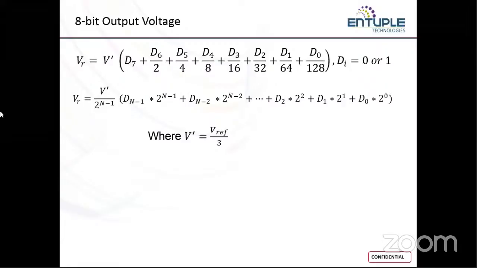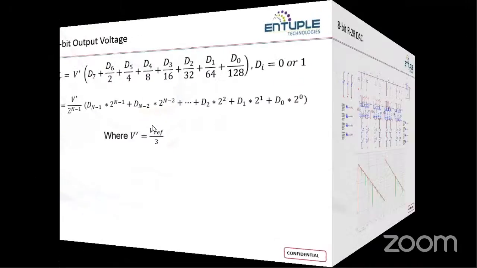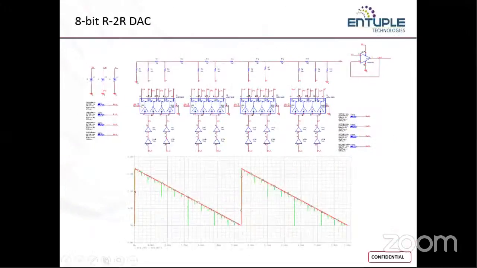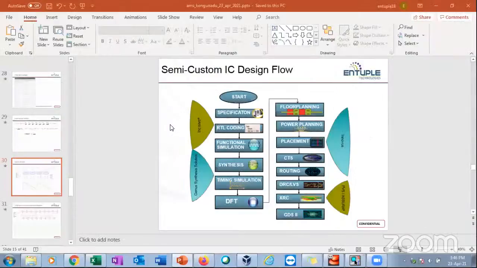We have also designed the 8-bit R-2R ladder network on OrCAD PSpice, and this is a screenshot of the circuit. Anyway, I'll be showing it in the tool also, so let us jump into the tool.